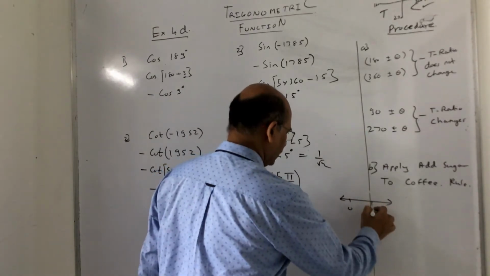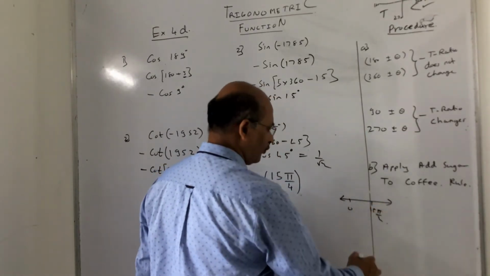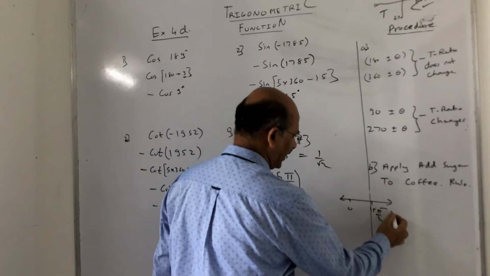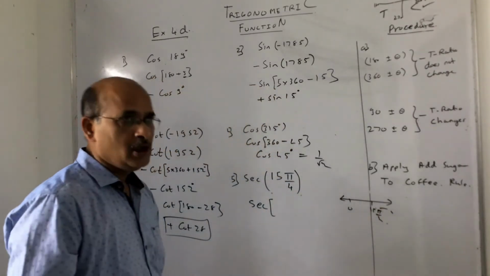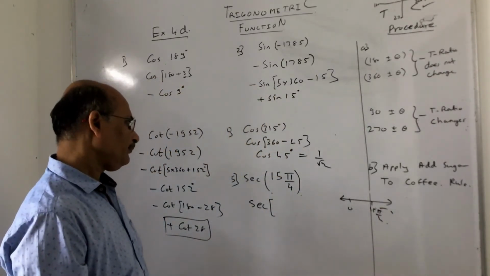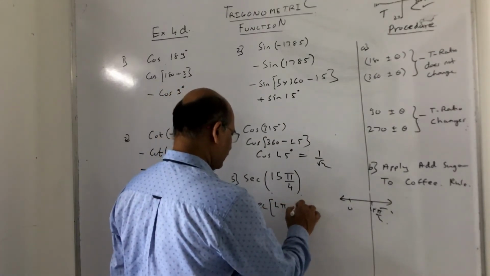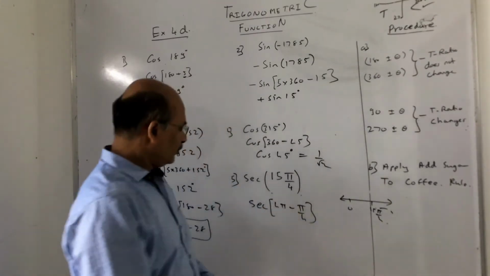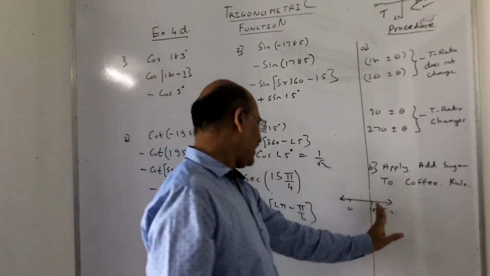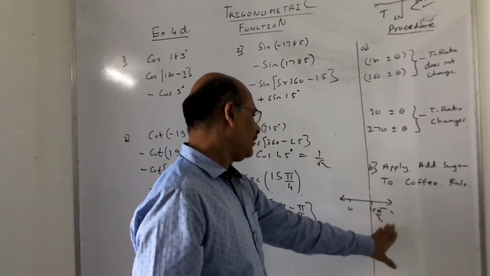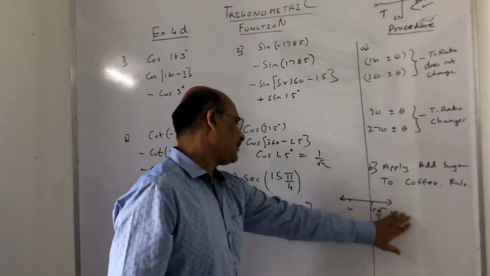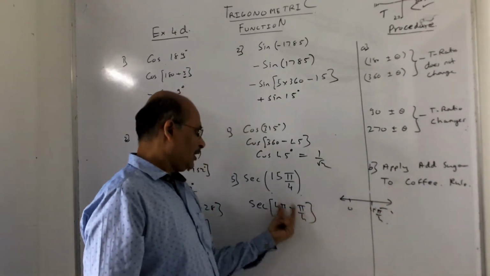So what if it is 15 pi by 4? So take an angle greater than this. Can I write this as 4 pi minus pi upon 4? You can write it any way, but I am taking an angle greater than 15 pi by 4, so that when I subtract from that angle, you get exactly this.